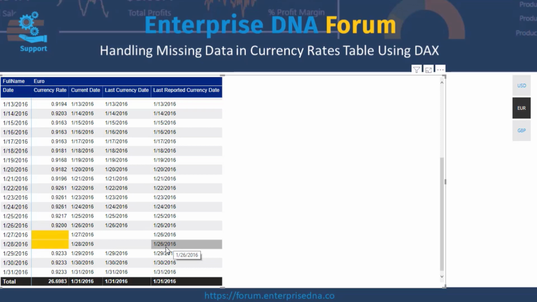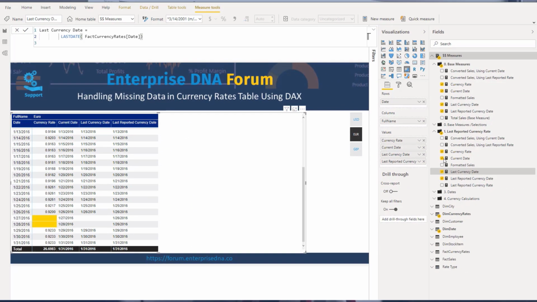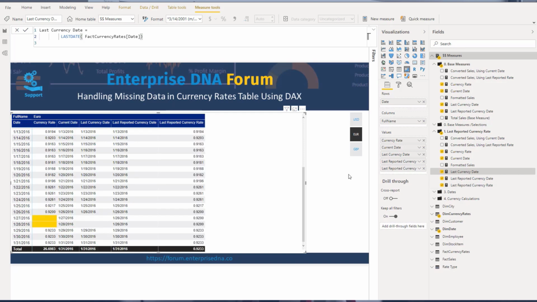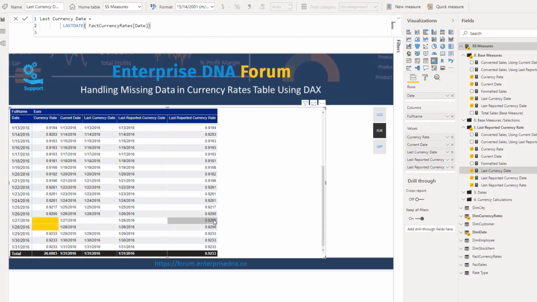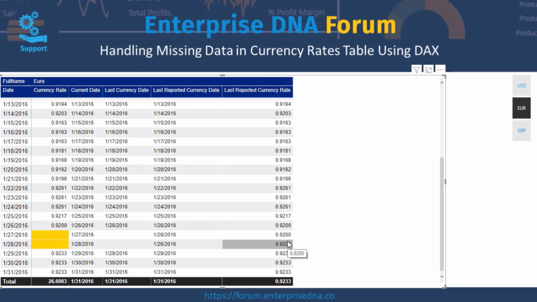So this will always tell you to bring in the last date available. So it's 26, 26, 26. So it's going to repeat itself. And then if you look at the last reported currency rate, you'll see 9.2 is the last actual date, and this one 9.2, because it pulls in the 26th currency rate.